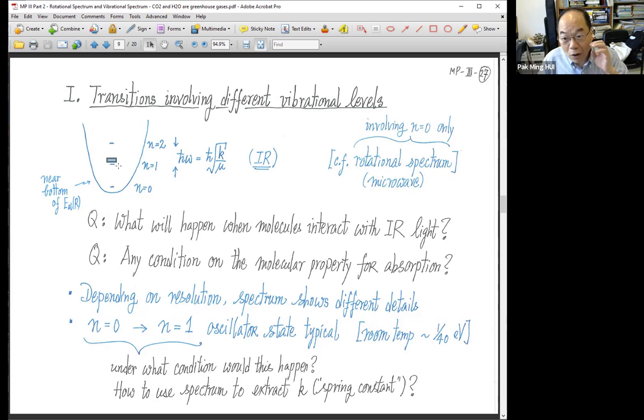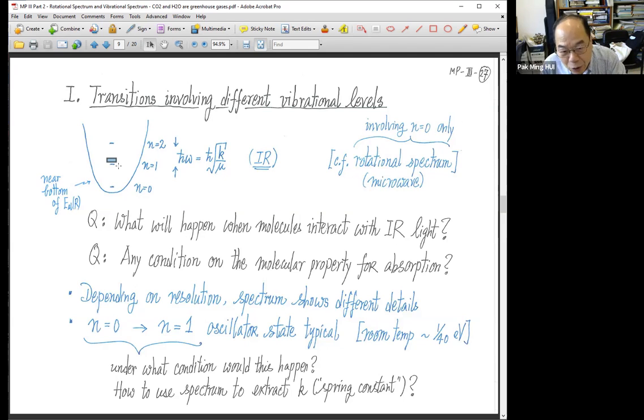So not only will the vibrational index be changed, the L index will also be changed. You go from one member of the n equals 0 family to another member in the n equals 1 family, okay?